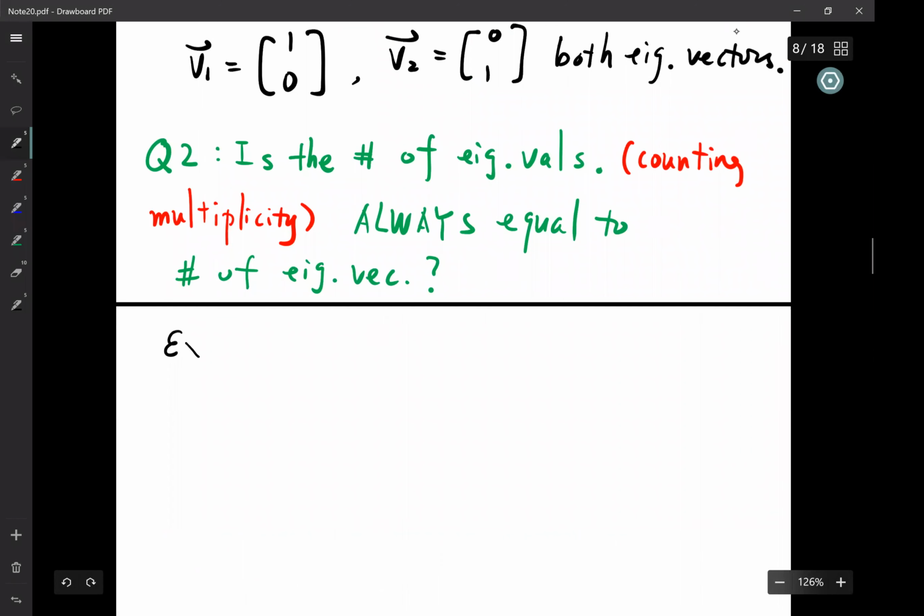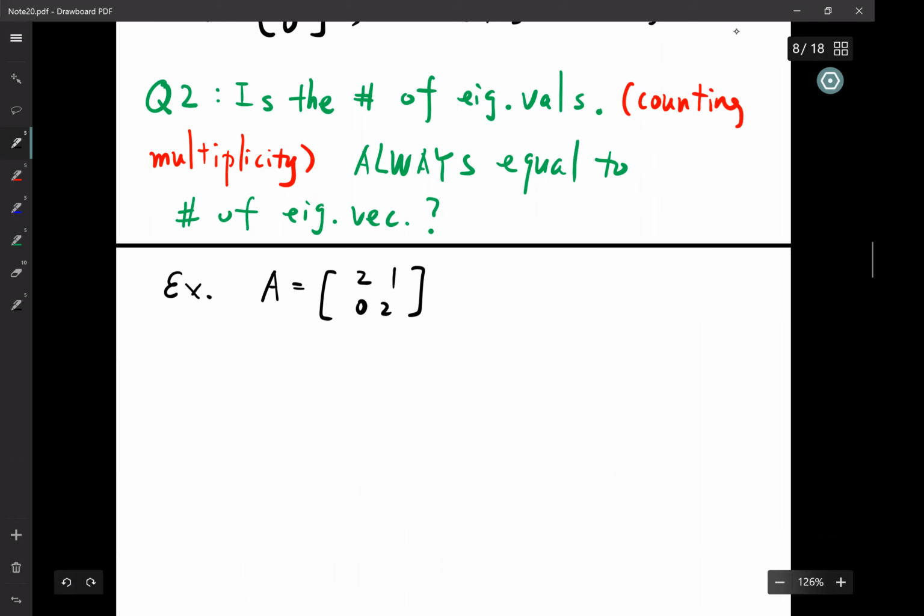So this one is the following, which is A is, let's say, 2, 1, 0, 2. Okay, pretty innocent matrix. And we use the same method as before. A minus lambda I is 2 minus lambda, 1, 0, 2 minus lambda.